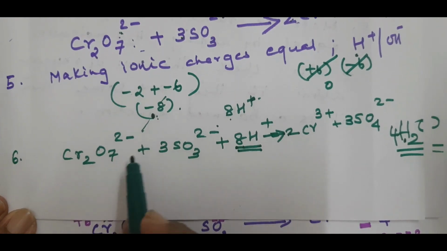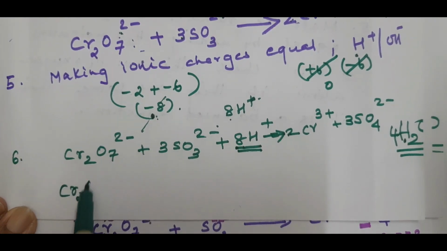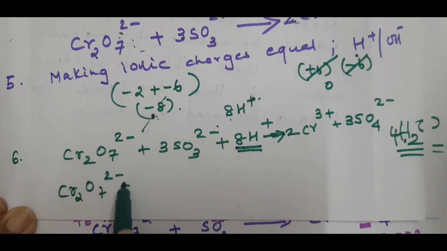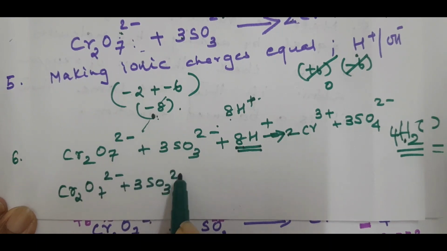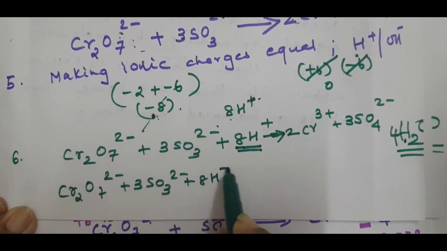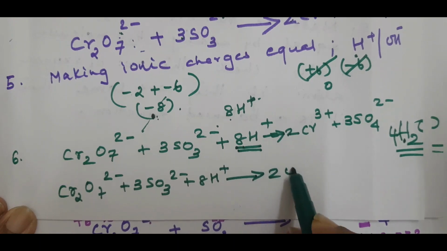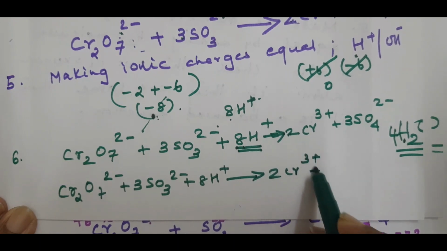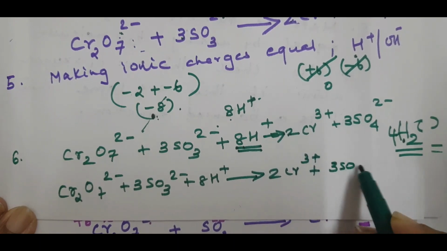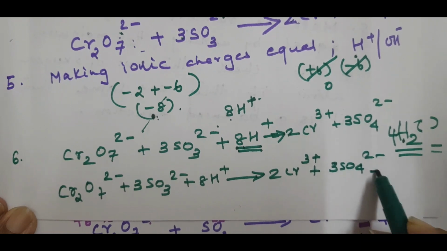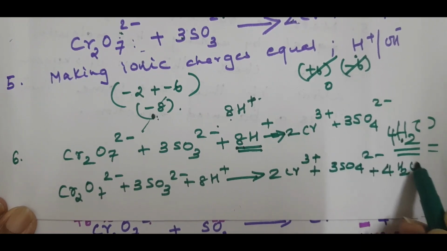So what is the equation then? Cr2O7 2 minus plus 3SO3 2 minus plus 8H plus gives 2Cr3 plus 3SO4 2 minus plus 4H2O. Clear?